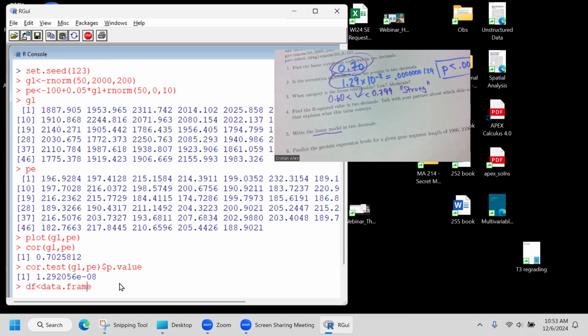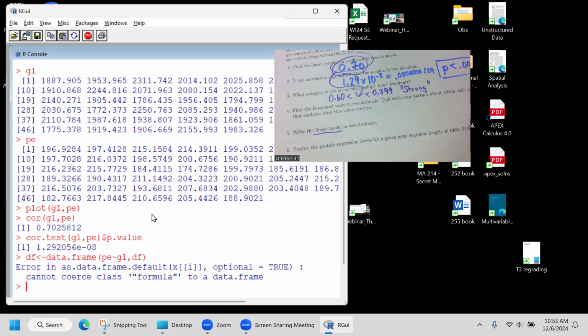So you use the data.frame command, and I'm going to call my data frame df. Then you put them backwards from earlier: you say gene expression, PE, that's what I'm interested in, and you put a little tilde there. You say, hey, how does gene length affect that? And you give R your data set.